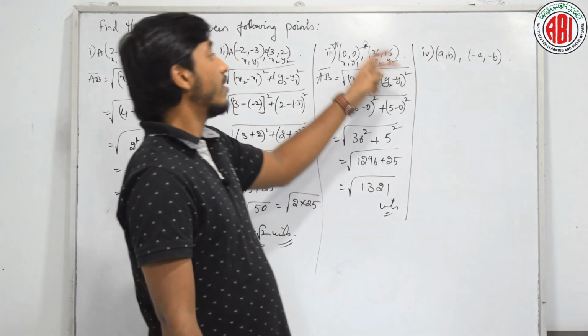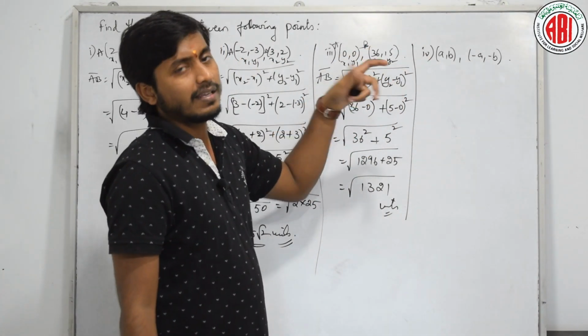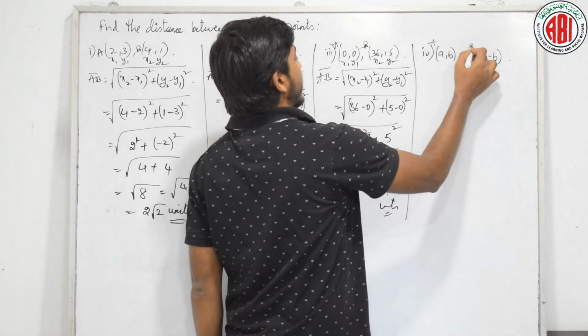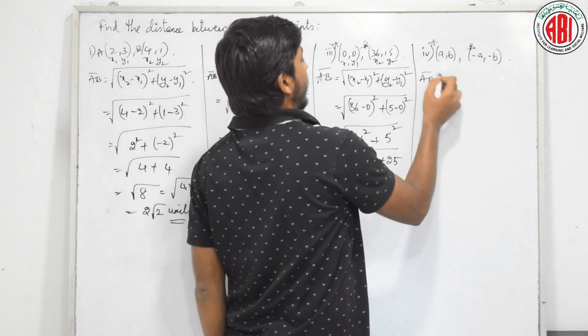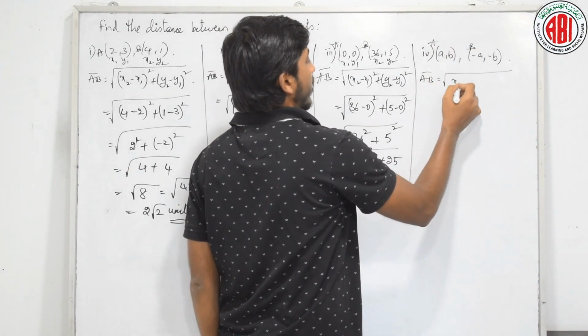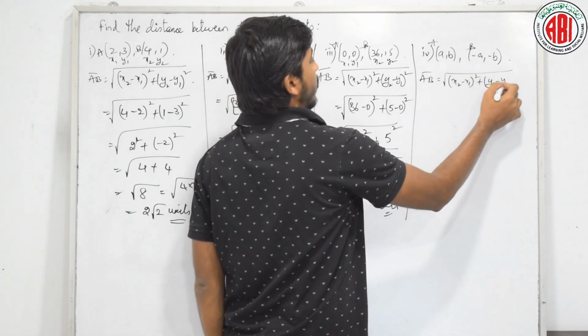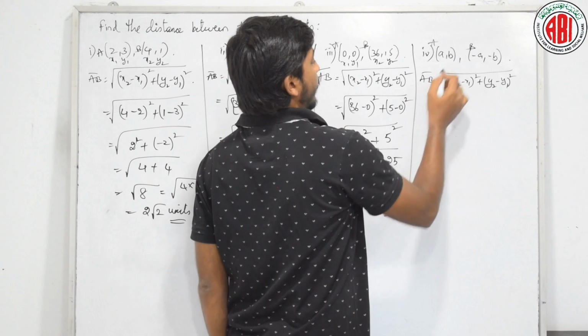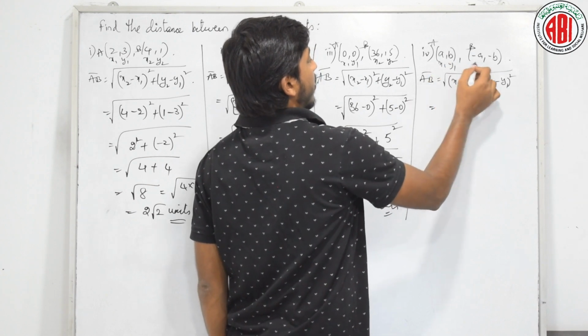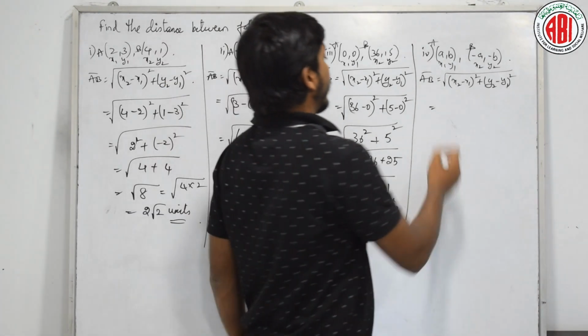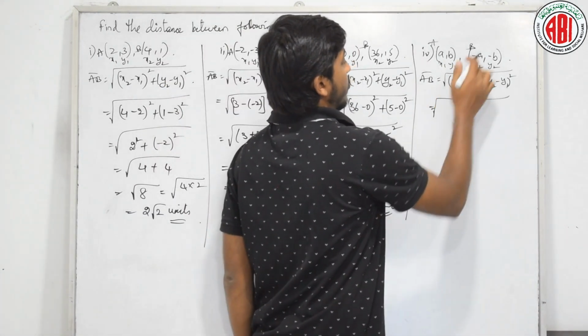Clear? Which means two terms are variables. How to do it? Let us do it now. Let us say this as A and this as B. What's the formula of AB again? Under root x2 minus x1 whole square plus y2 minus y1 whole square. Either A is x1 y1 or A is x2 y2. Now tell me, what is x2 here?